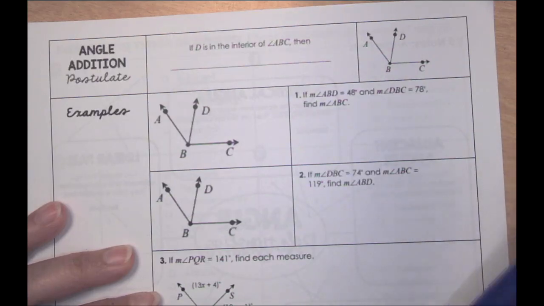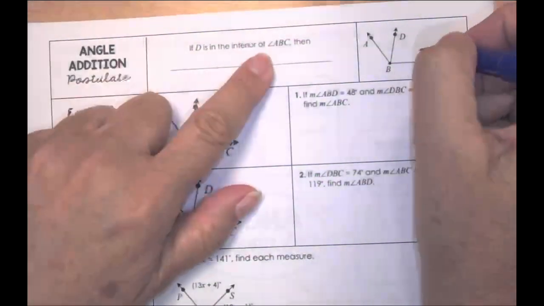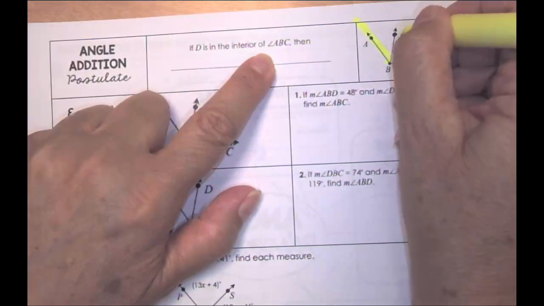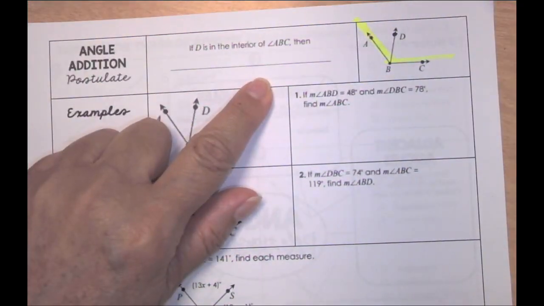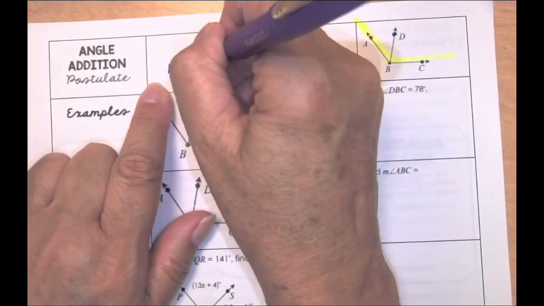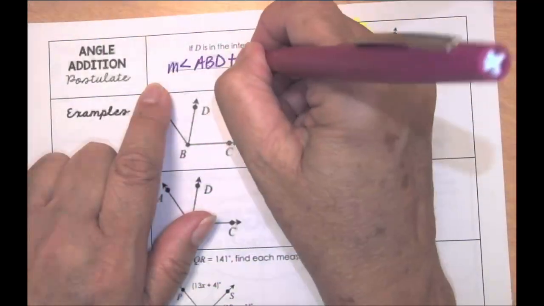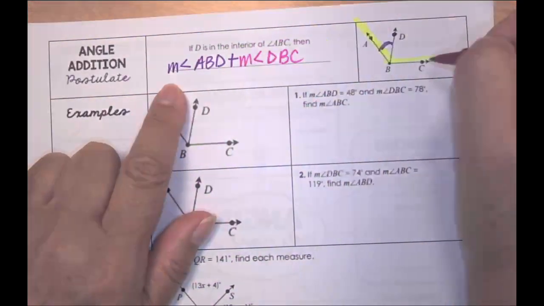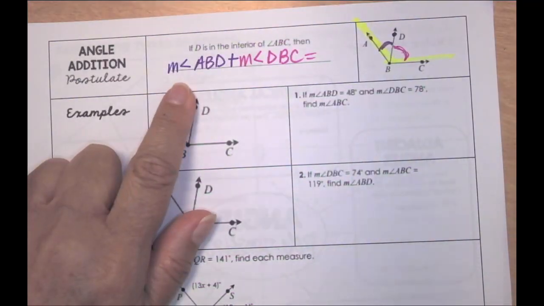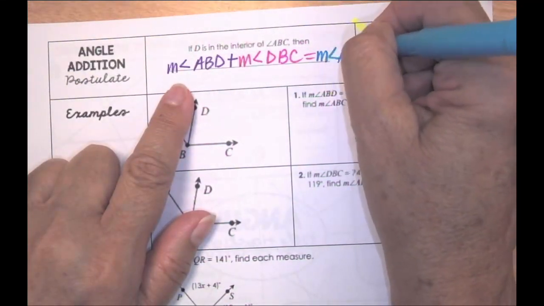If D is in the interior, so that would mean the inside of the angle. So if it's in the interior of ABC, which ABC is my big angle right here, D's in the middle of it somewhere, then the measure of this angle, ABD, plus the measure of this angle, DBC, is going to equal the measure of the big angle, ABC.